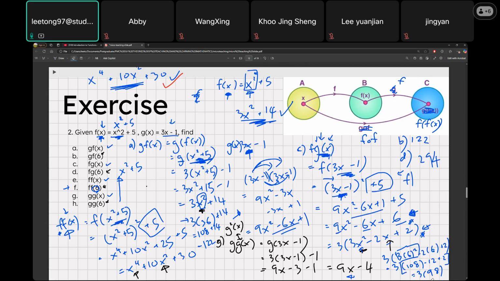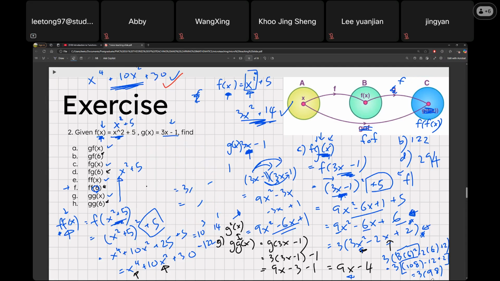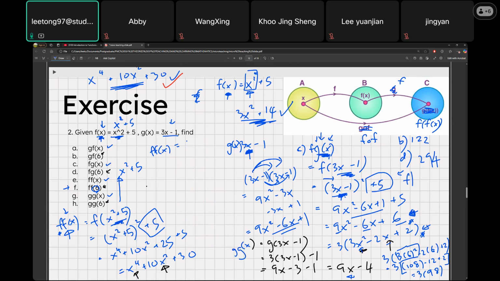Okay, I'll erase some of it. Okay, f(x) is, so our object is 6.